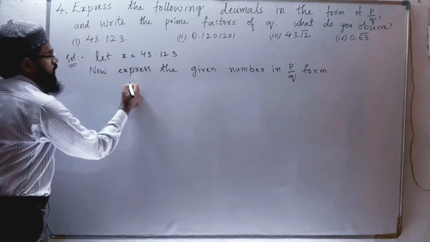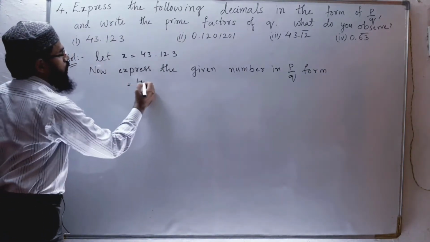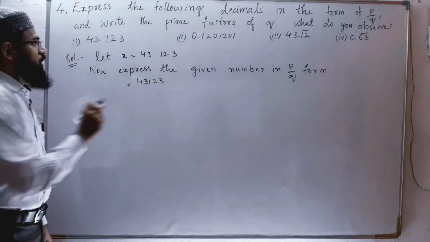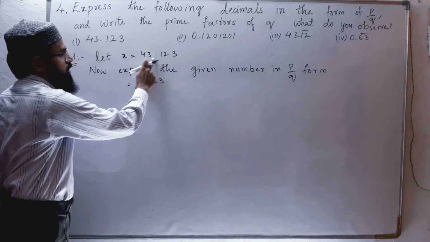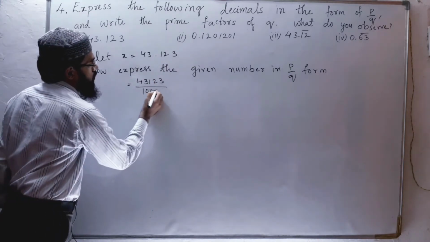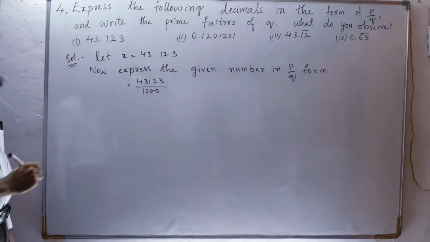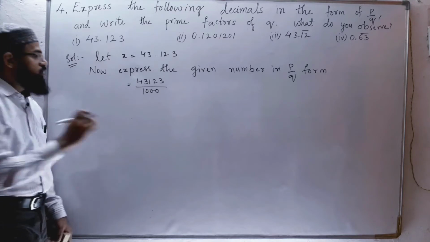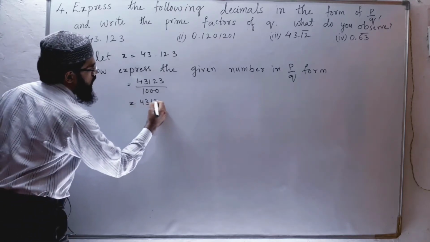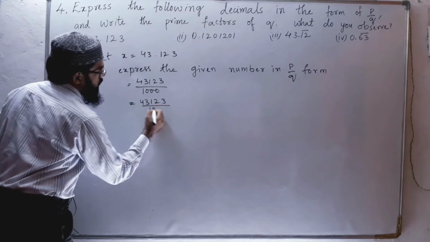So here we will get 43123. After how many digits is the decimal point, counting from the back side? 3. So we are going to write 3 zeros, that means 1000. Here 1000 can be written as 10 cube. So 43123 by 10 cube.